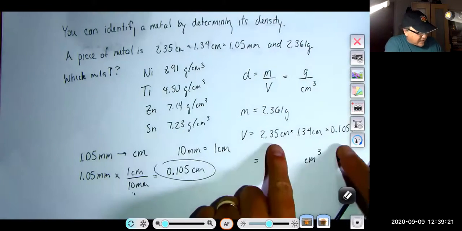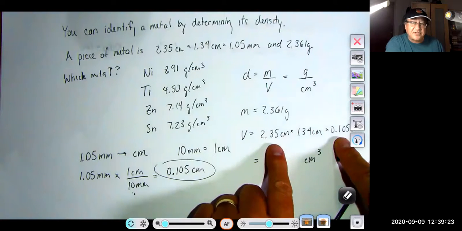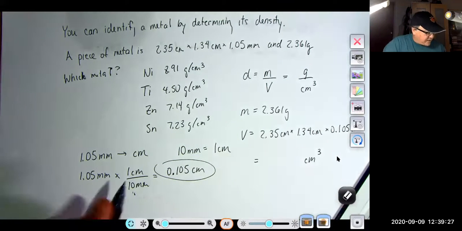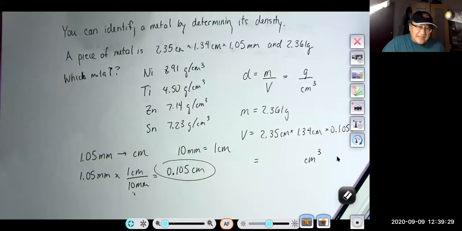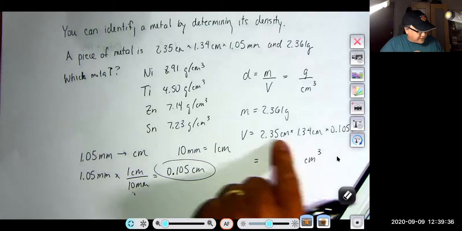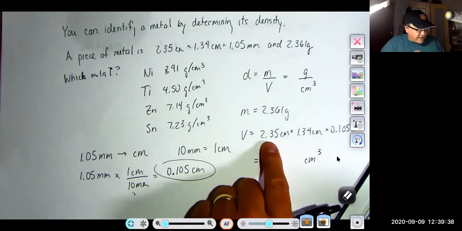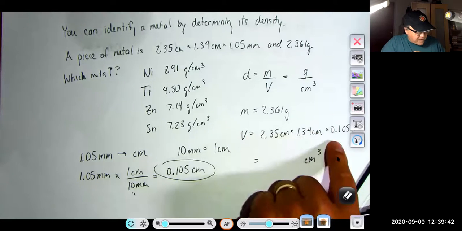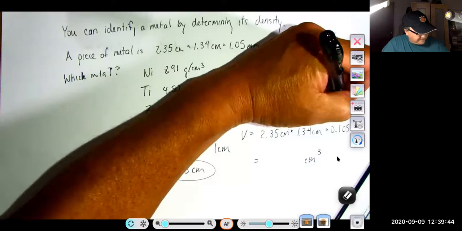And here you can see that each of these beginning numbers has 3 significant figures. So I'm going to get 3 significant figures here. Okay, and I'm going to kind of ish it to get what I think the answer will be close to. So 2.35 times 1.34 is probably something like 2.5 times 1. So this is around 5. And 5 times 0.1 makes that around 0.5.